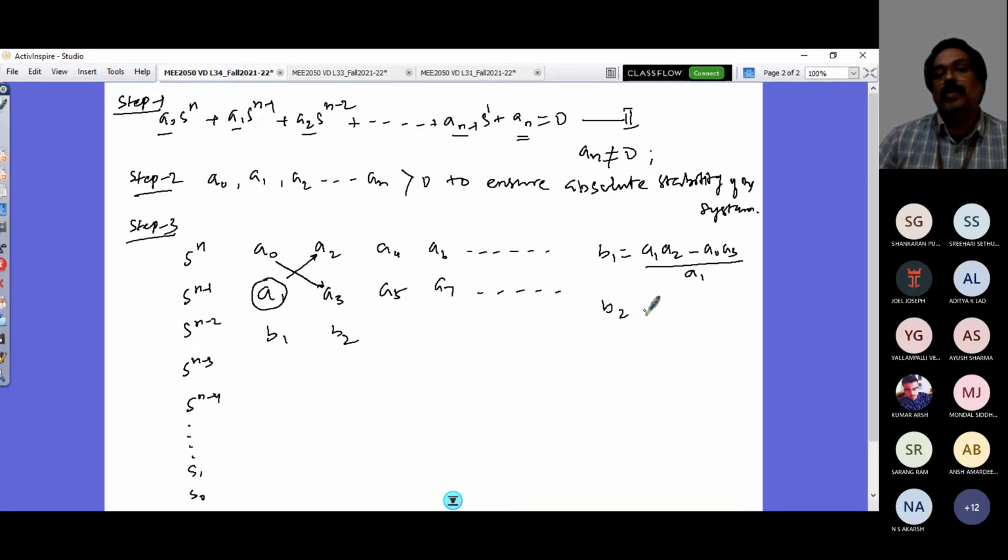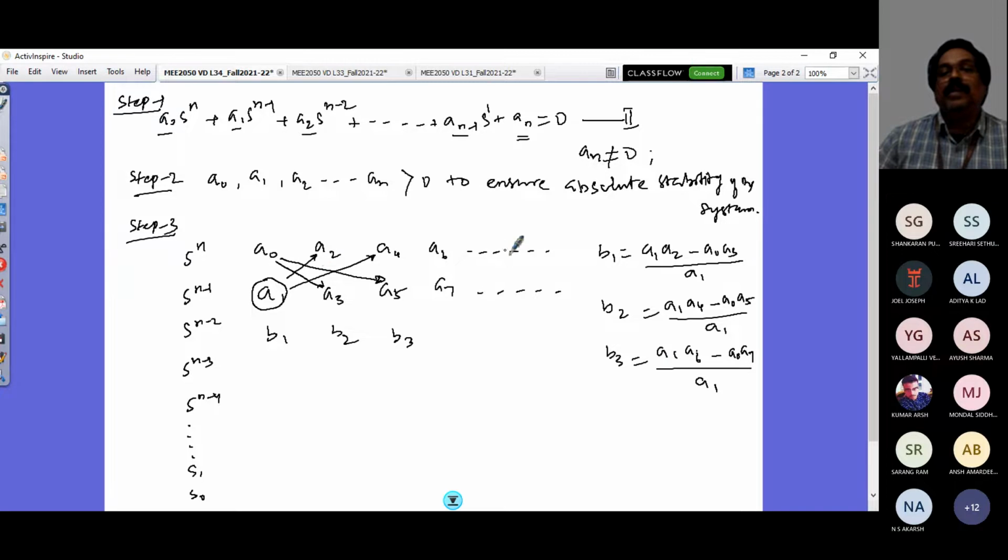So what would be B2? B2 is (A1 A4 minus A0 A5) divided by A1. If I ask you what B3 is, you'd be able to write that B3 would be (A1 A6 minus A0 A7) divided by A1.